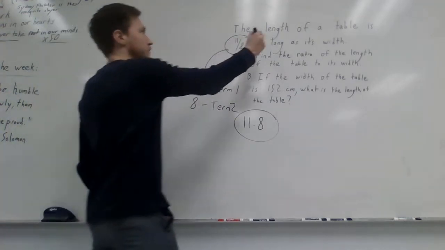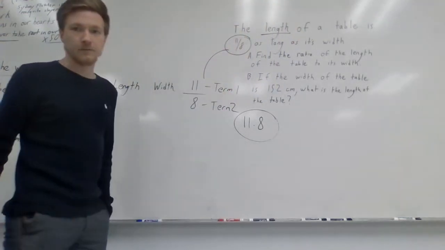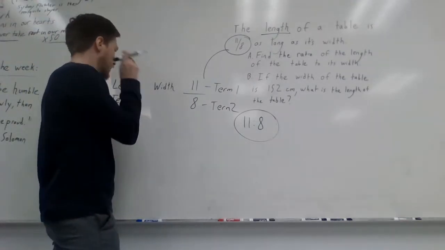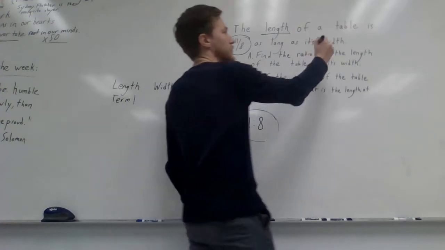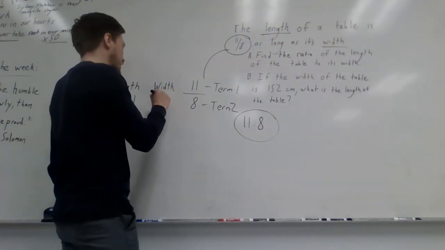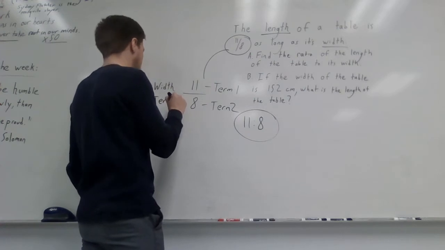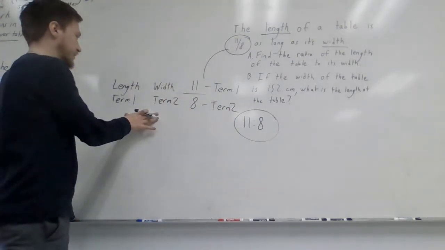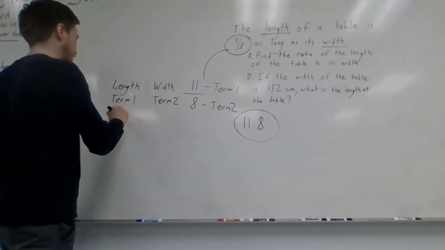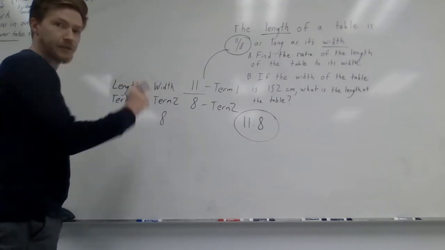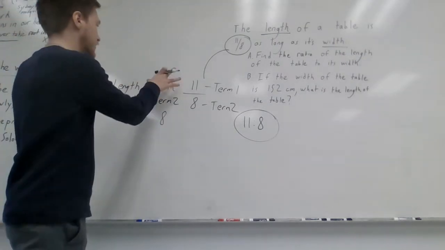Length comes first in my word problem, which makes it term 1. Width comes second. Since these are the two terms that are being compared, I know that these are what my ratio is talking about. I have these set up right here.